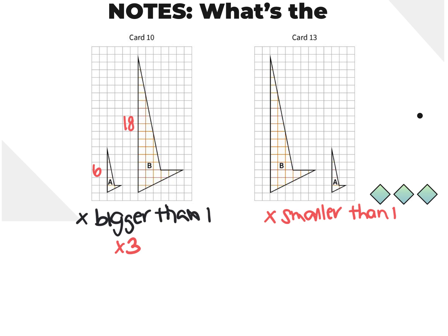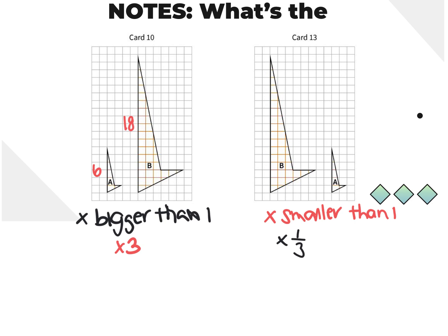You should have used black to write the 1/3, and then it would have been like the opposite. Oh, hang on, I'll fix it for you, okay? Since you asked nicely. Good? Perfect. Okay, thank you. That's a big takeaway. That is something that you need to know. If it's getting bigger, our scale factor is bigger than 1. If it's getting smaller, our scale factor is less than 1.